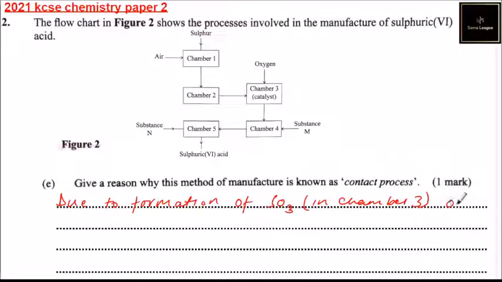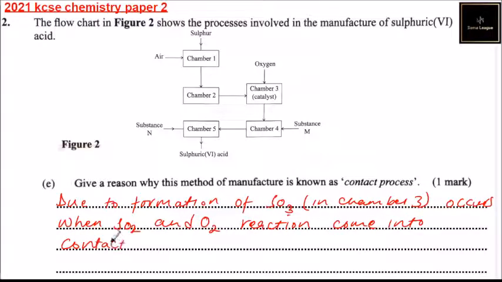In chamber 3, sulfur dioxide and oxygen react, coming into contact with each other on the surface of the catalyst.